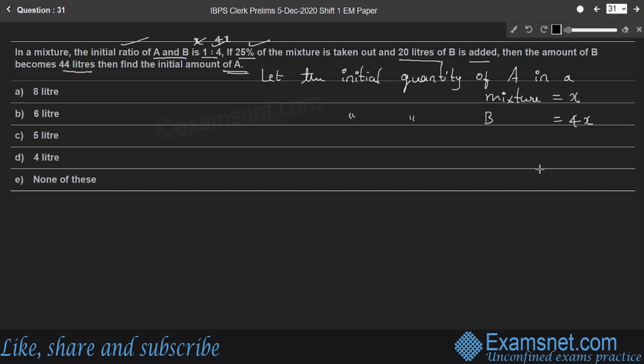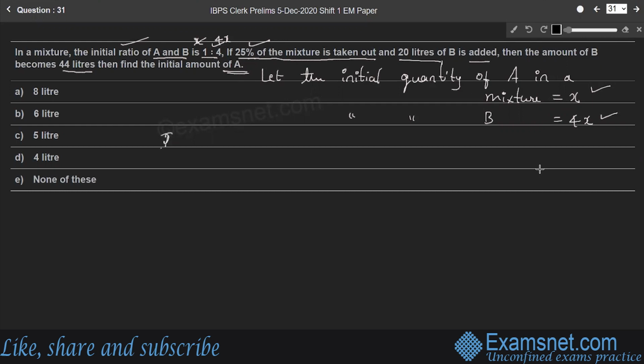So next part of the question. If 25% of the mixture is taken out, so if 25% of part A is taken out, 25% from B is taken out, right?